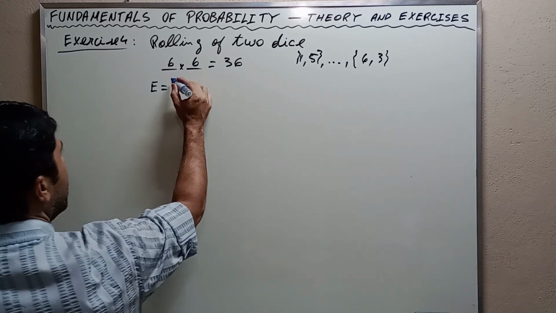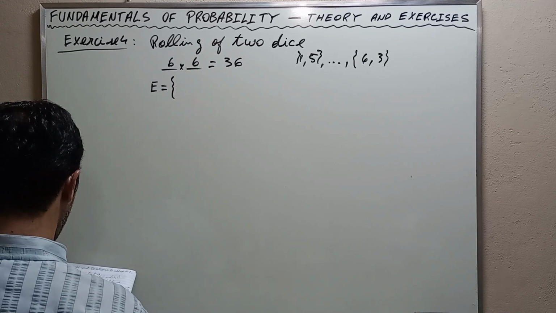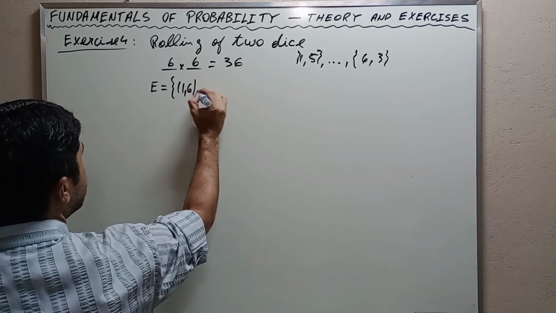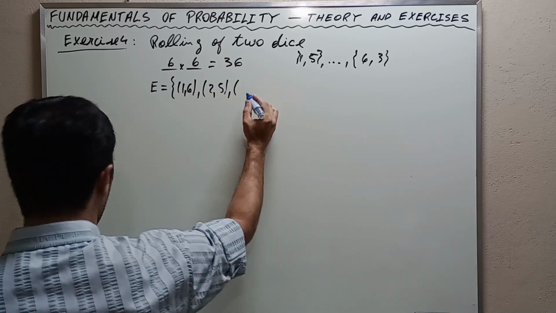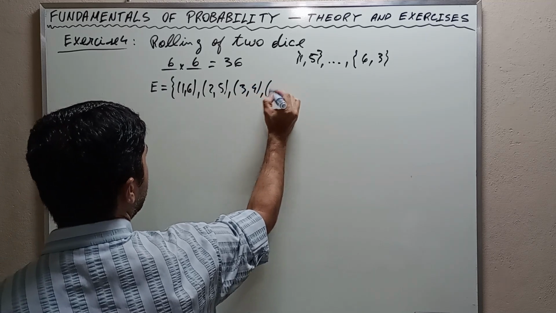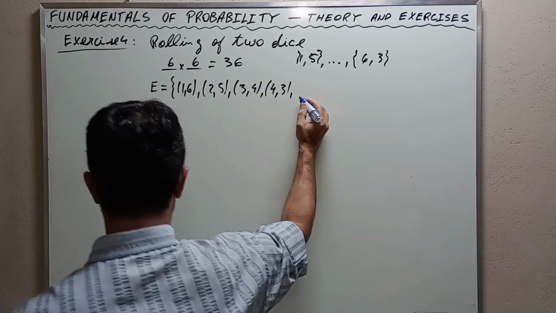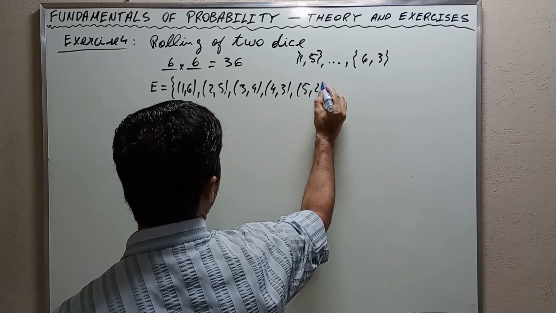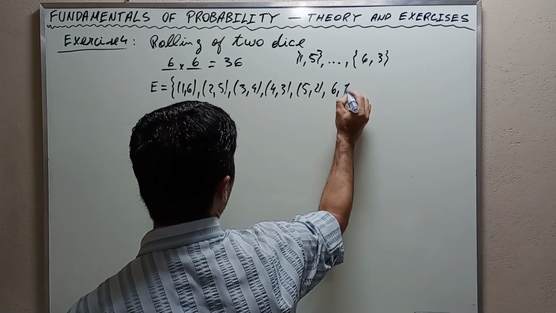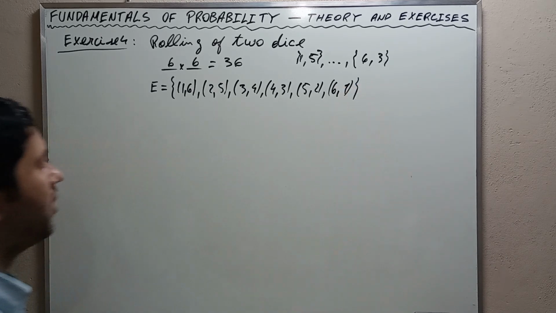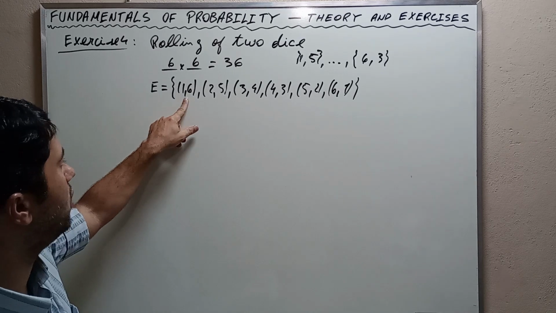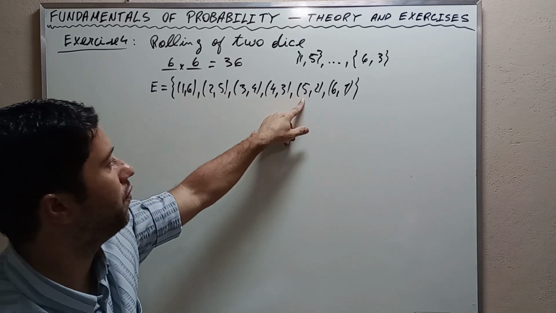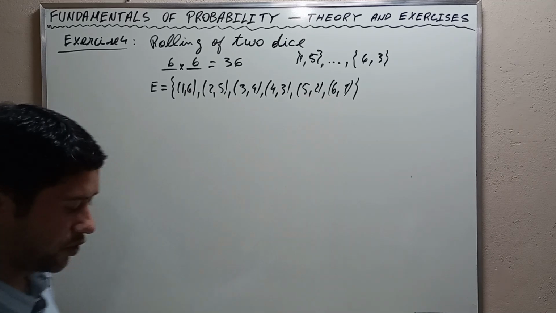Then we have pair 1, 6, pair 2, 5, 3, 4, 4, 3, 5, 2, and 6, 1. This is the event of interest. And if you count, you're going to have 6 here: 1, 2, 3, 4, 5, and 6. 6 pairs.